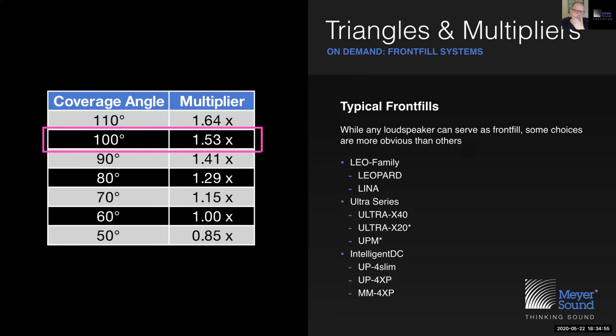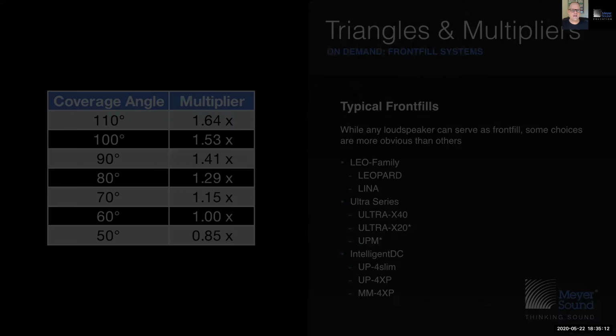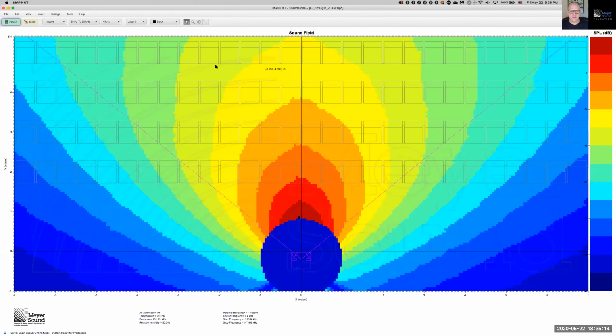Rounded down to the nearest value would be 1.5. So if you're a 100-degree loudspeaker like we're using now, then the multiplier becomes 1.5. Now what does the 1.5 mean? The 1.5 means that if I know the height of my triangle, which you do, then you can predict the width of the base.